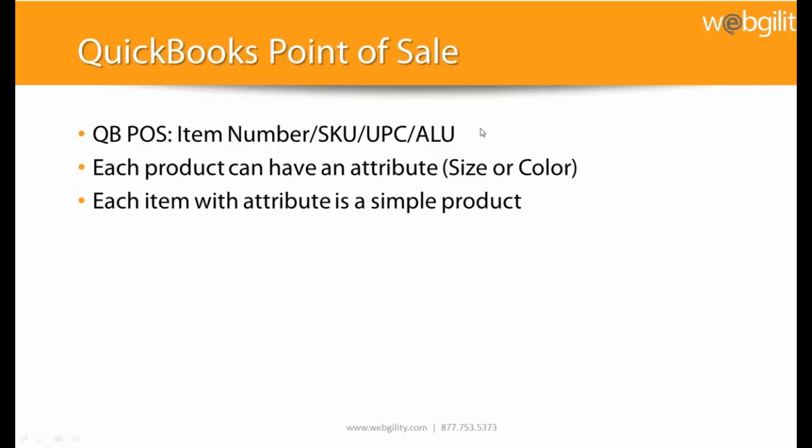Assembly items are special. And the reason why they're special is that they are unique to QuickBooks. An assembly item is basically pieces that you put together to create an item. So the interaction with that item is pretty much the sum of all the parts.